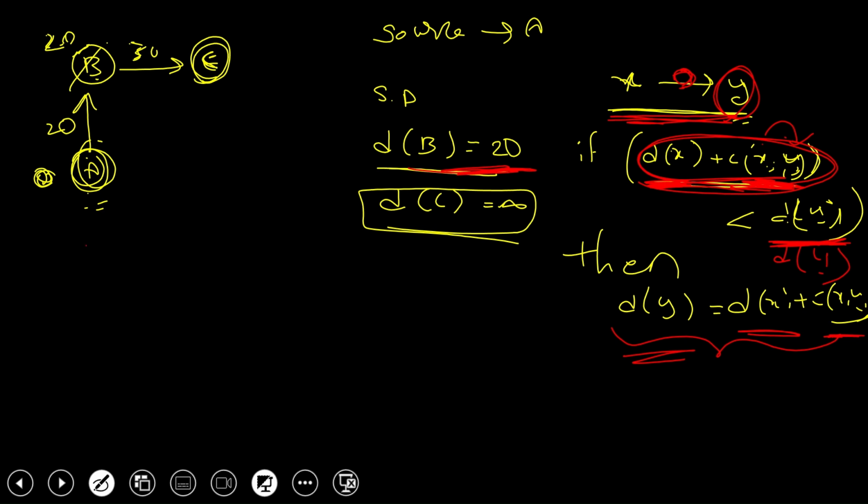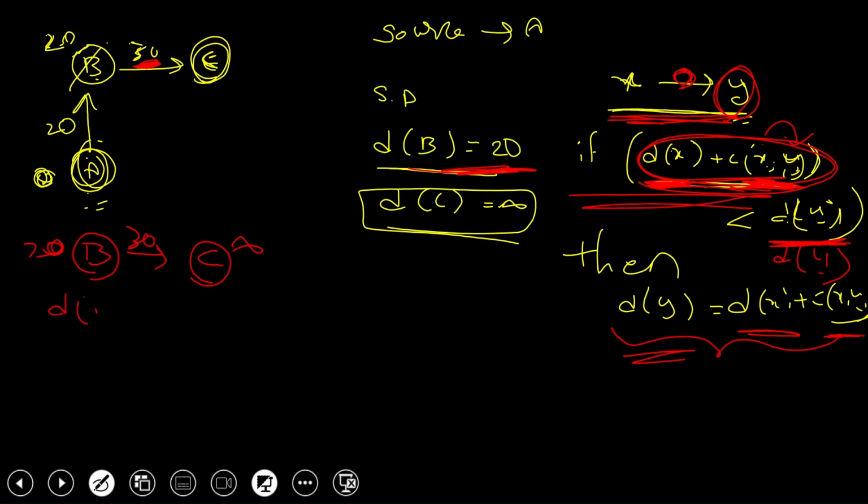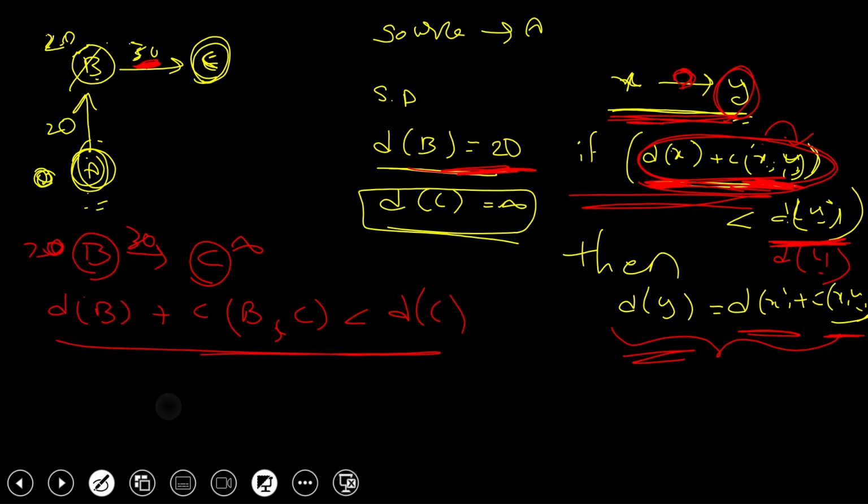Let's do it here. We have the edge from vertex B to C. B's shortest distance is 20 and C we don't know, so infinity. What is the edge cost here? It is 30. From this formula or rule, we can say that distance of X, so distance of B, plus the edge cost from B to C, if this is less than distance of C. Let's see if this is actually true or not.